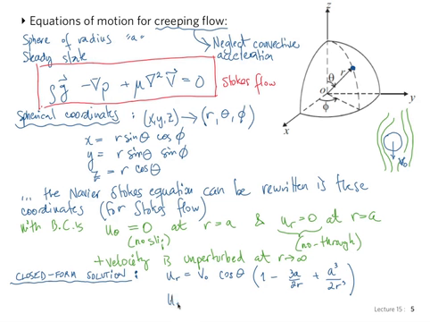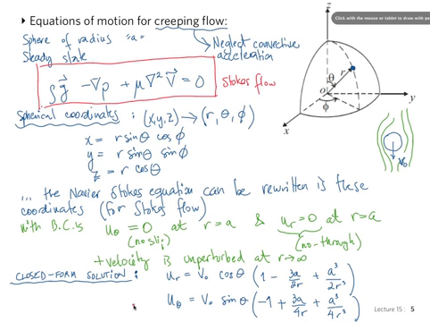And u_theta, this is completely symmetric in the phi direction, but in the theta direction we have V0 sine theta times minus 1 plus 3a over 4r plus a cubed over 4r cubed.